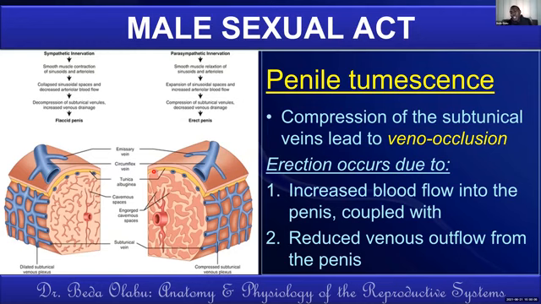You might be surprised that one cannot work alone to cause erection, or at least sufficient or significant erection. I think I'm looking for the term efficient erection. So if one only is acting, you will not have efficient erection. You need that increased blood flow to be coupled with reduced venous outflow from the penis.